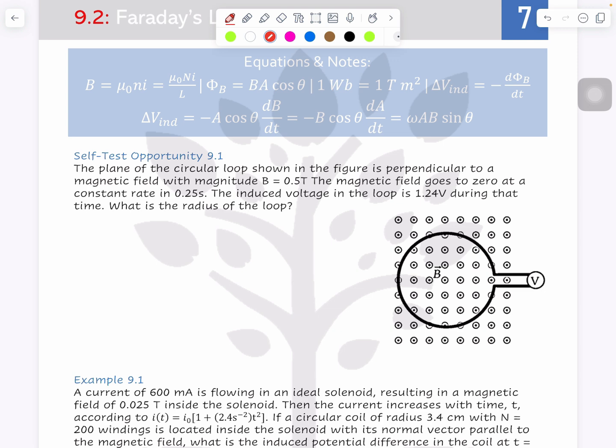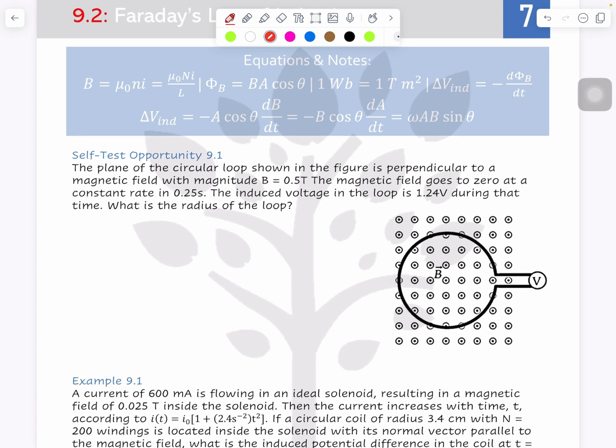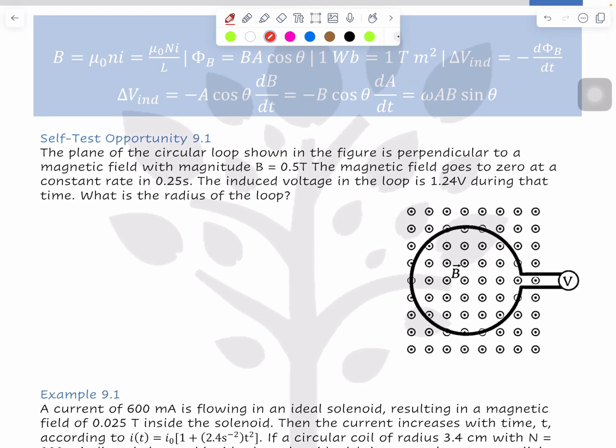Okay, now guys, read the first question. This is the interesting one and you will love it. Focus. The plane of the circular loop shown in the figure is perpendicular. Focus, again focus. The plane means area. Plane means area.